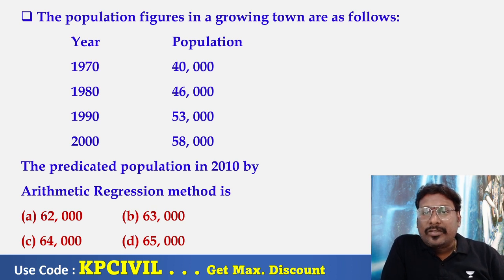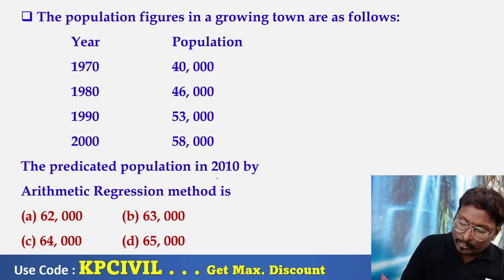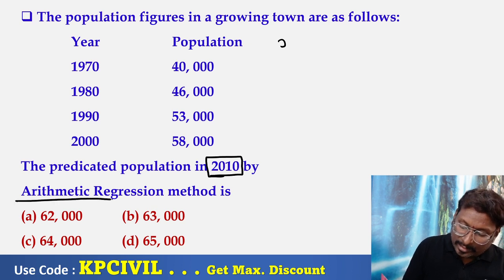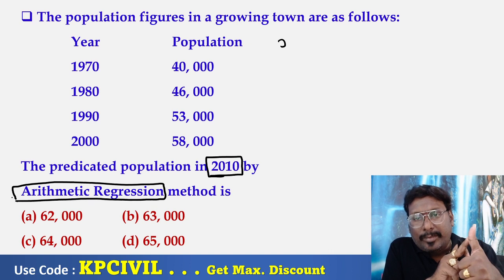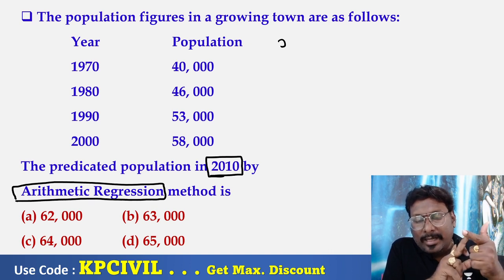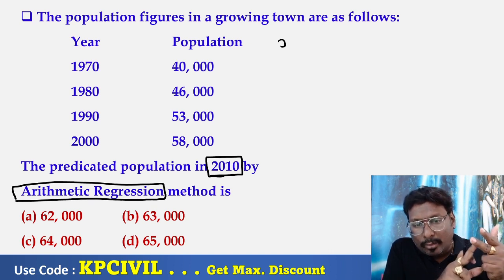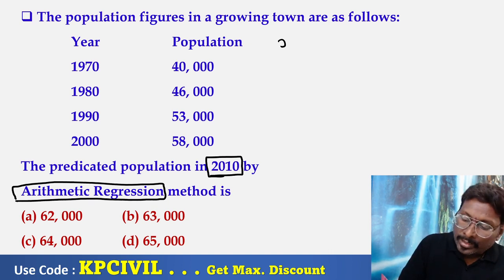The population figures in a growing town: 40,000, 46, 53, 58. Predict the population in 2010 by the arithmetic regression method. Arithmetic increase, arithmetic regression, arithmetic growth rate, all are the same.